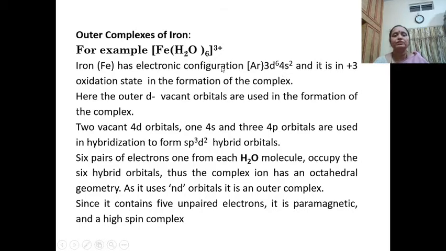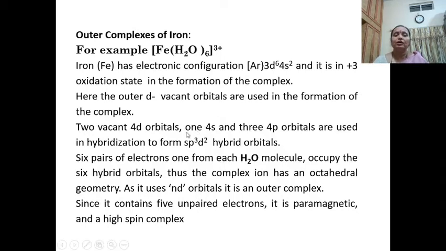Even in the formation of hexaaqua iron 3, it is going to be in +3 oxidation state, but here in this case it is going to use the outer vacant d orbitals, and the complex is going to be an outer complex.